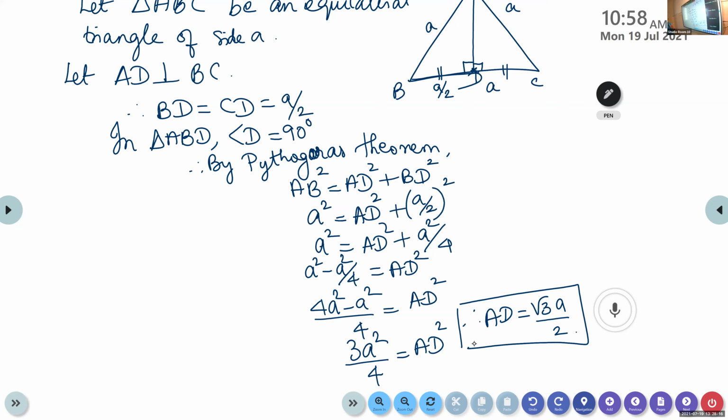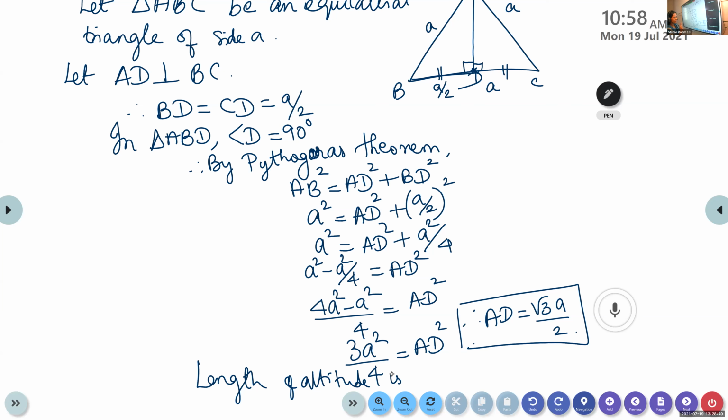So if the side of the equilateral triangle is A, the altitude will be root 3A by 2. Therefore, we can write the length of the altitude as root 3A by 2. A student suggests writing 1.5 A square by 2, but we are not taking half, we are taking the square root.